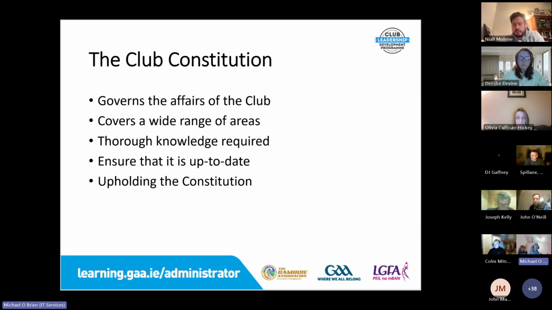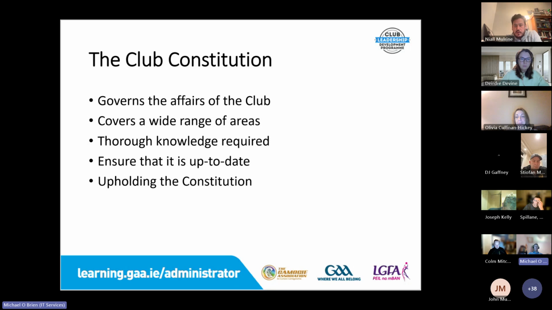Like if you want to find out what the appeal process for a red card is, the club constitution will tell you that. If you want to find out about membership, the club constitution will tell you. You'll find out about subscription fees, executive meetings, the executive committee. Who do you need on the executive committee? What voting rights people have, what assets and trustees are, what books and accounts need to be produced, what about income and property, about any additions or amendments to a rule.